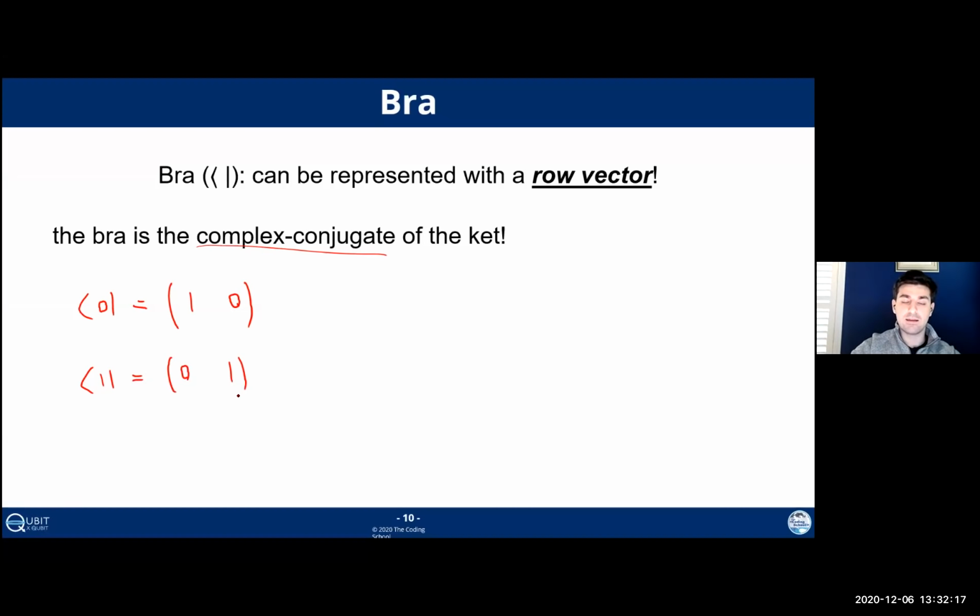And in general, if you have some state, actually, maybe let's go on to the next slide for you.